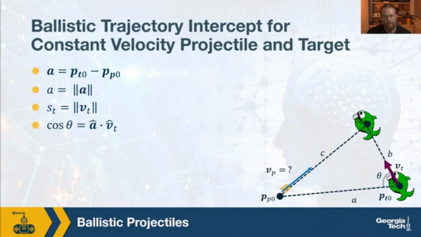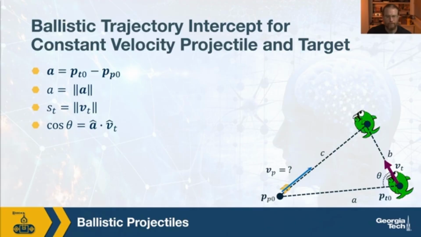Therefore the length of edge A is going to be, well, we take the relative position vector between the initial position of the projectile and the target. So P initial target position minus P initial projectile position. That's a relative position vector. We can take the magnitude of that, and that gives us a length to assign to the triangle, so that we can eventually plug this into the law of cosines equation.